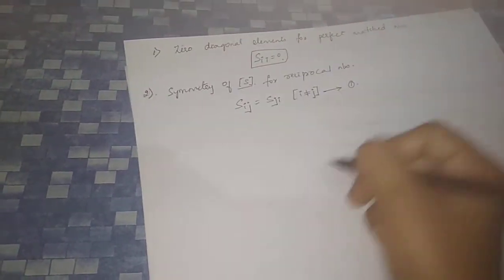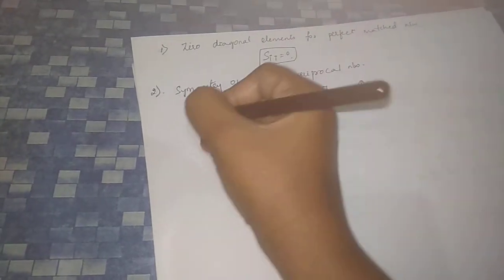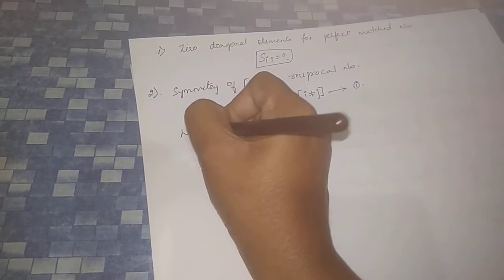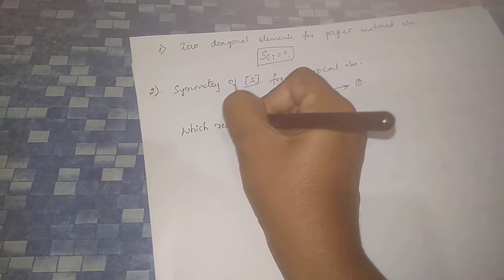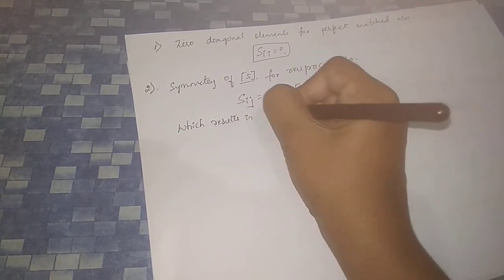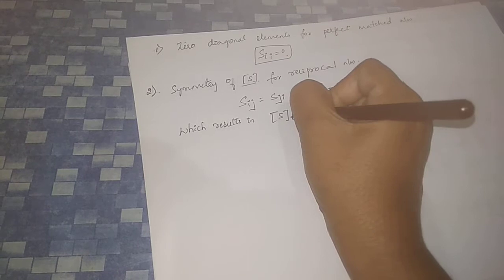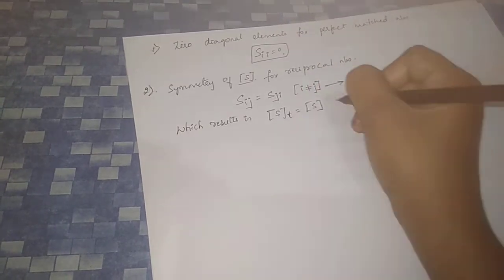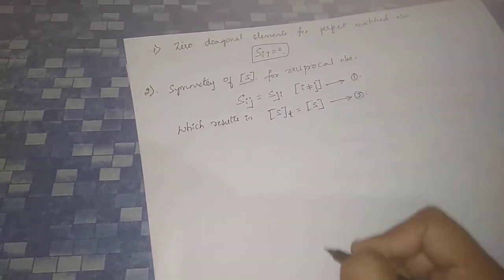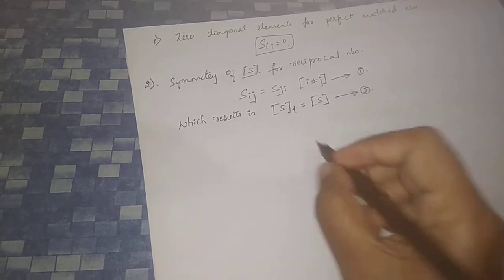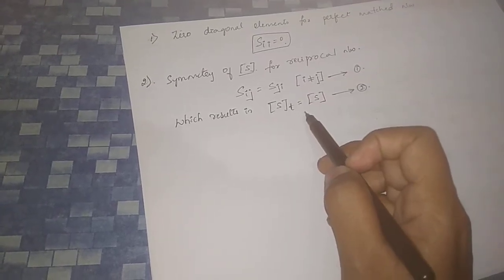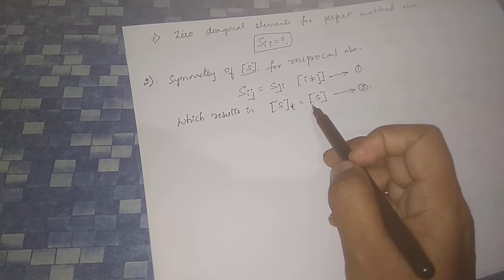Let me take this as equation 1. Which results in S transpose will be equal to S. So this is the symmetry of S for a reciprocal network.